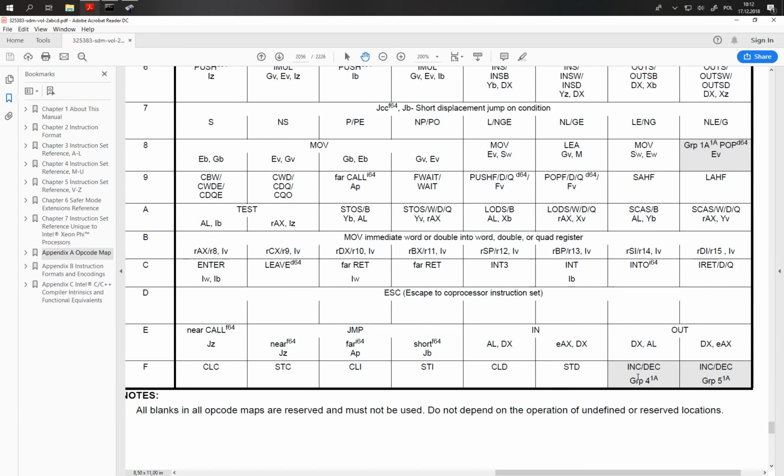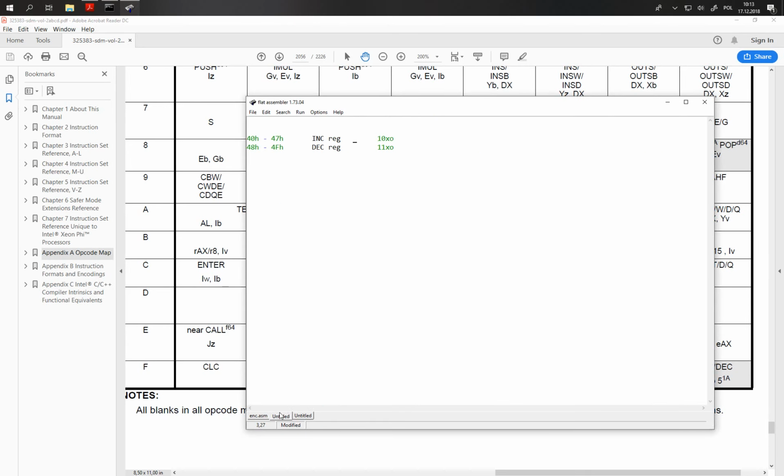Here we have increment and decrement as instruction groups, as regular single operand instructions. The ones that have a code of instruction in R and a single operand encoded normally as memory or register. When mod is 3, then this is register, otherwise this is memory.